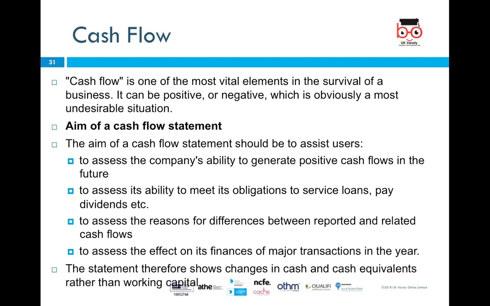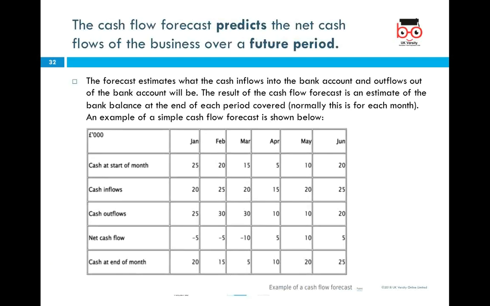So cash flow is not working capital. Working capital is the running capital which accelerates the business, but the cash flow is the revenue and the difference between the expenditure, day-to-day, weekly, monthly cash flow, which shows the company's cash position normally.